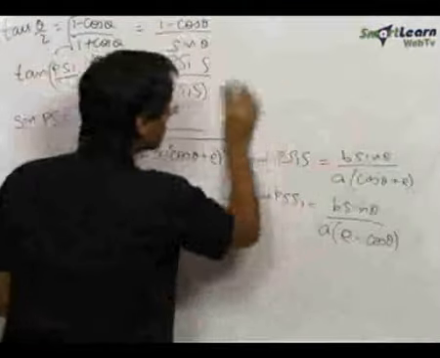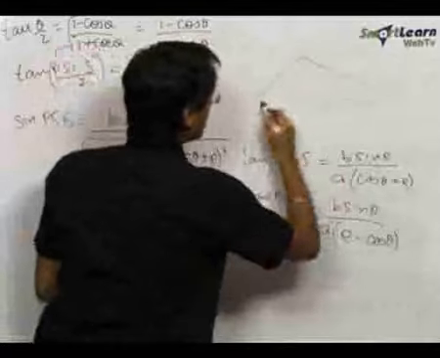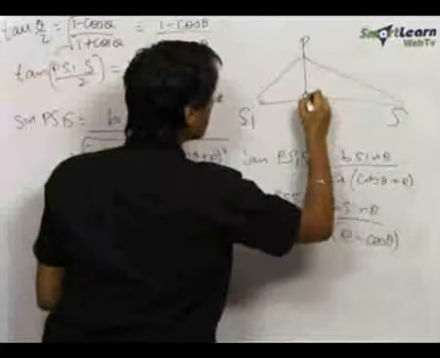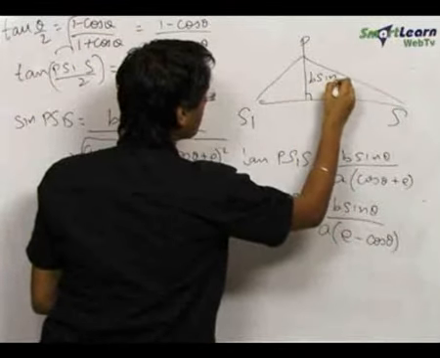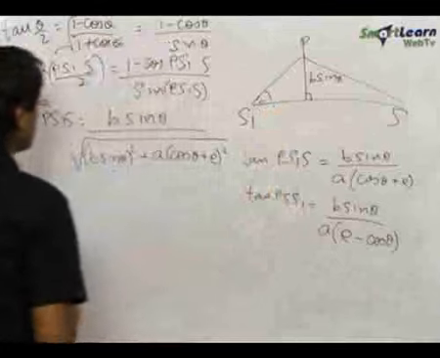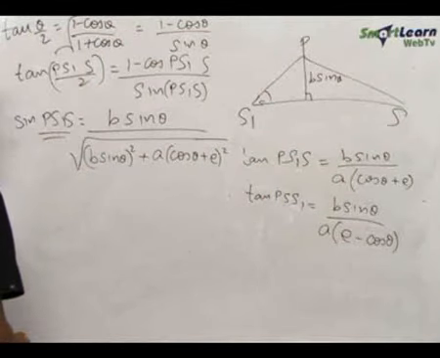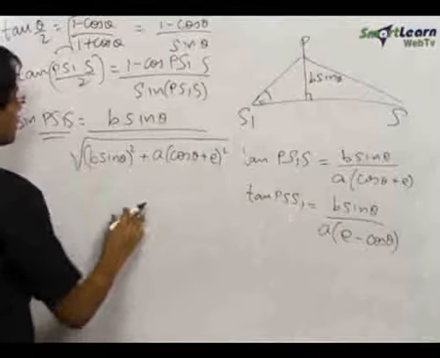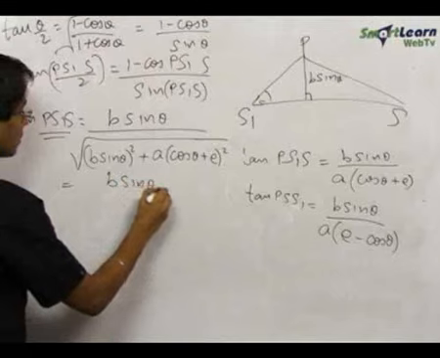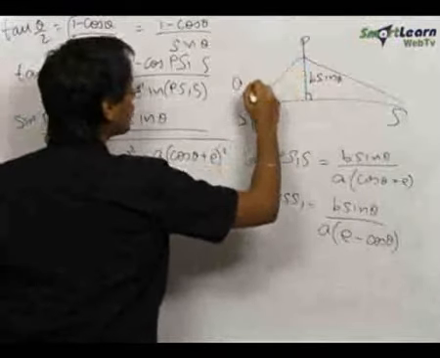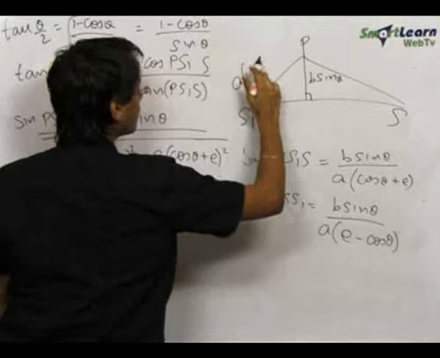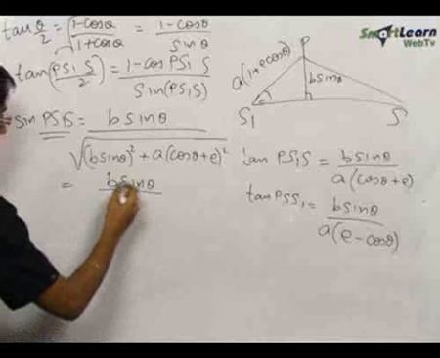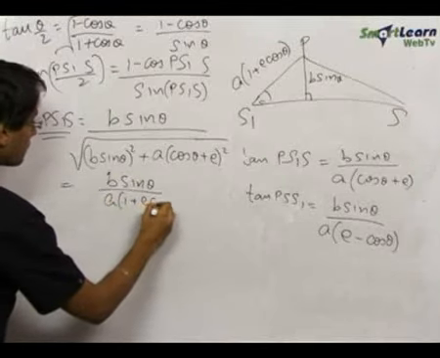Making the figure once again, we see that if this is P, this is S1 and this is S, this is B sin theta, the sin of PS1S will be equal to perpendicular upon hypotenuse, and this was equal to A times 1 plus E cos theta. So we can write it as B sin theta upon A times 1 plus E cos theta.